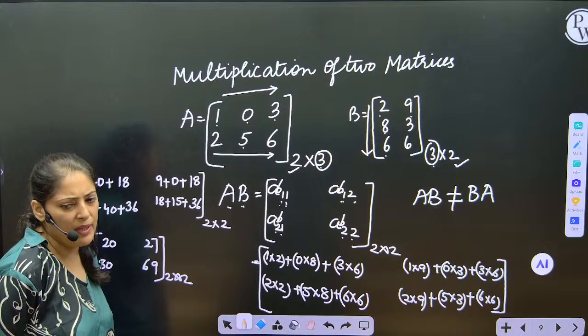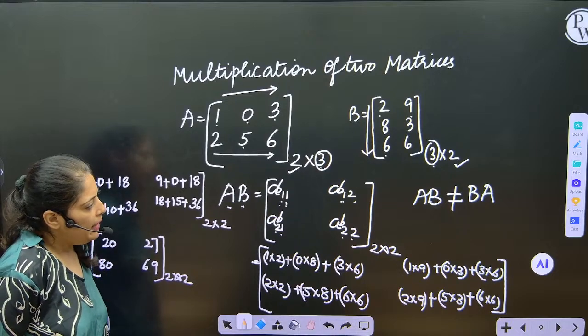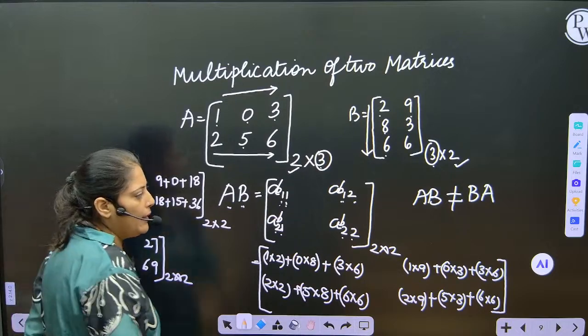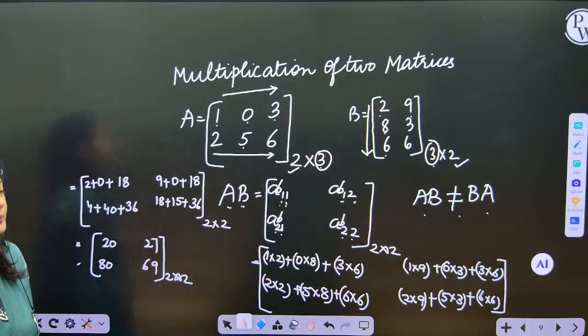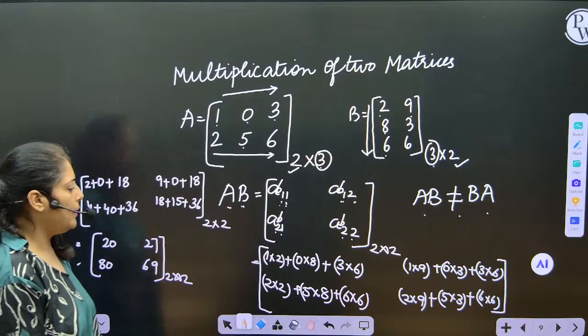If I'm taking the same example, I'll show you that AB is not equal to BA. How? That will tell you.